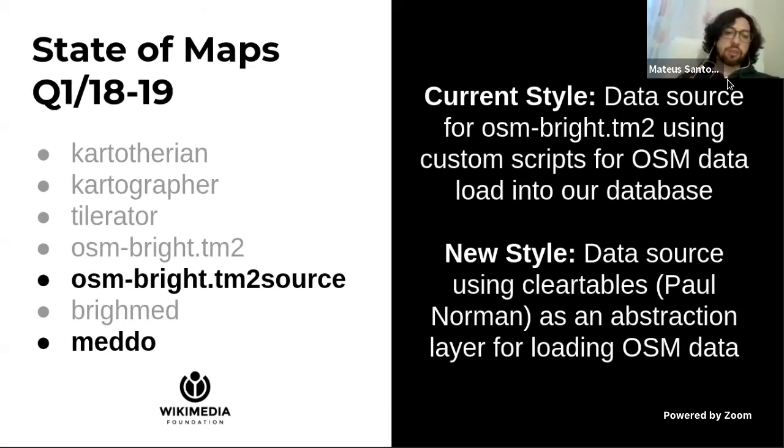And Meadow was supposed to be the source for the new style. It was work by Paul Norman, and it was supposed to also help with different loading of OSM data.